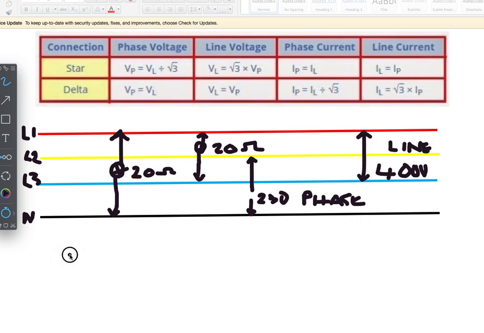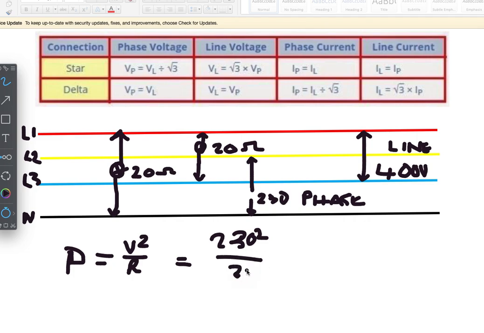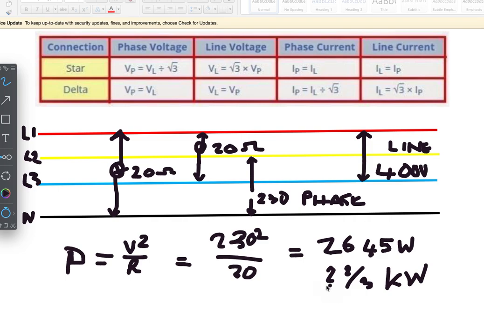So I want to see how much power we got on that lamp. P equals V squared over R. In this case here, which will be 230 squared over 20, which equals... it's about 2645 watts, 2 and 2/3 of a kilowatt.